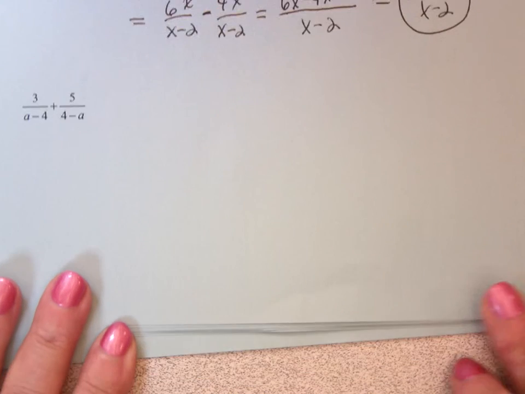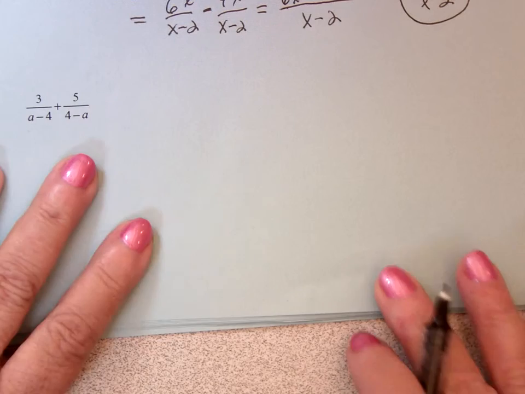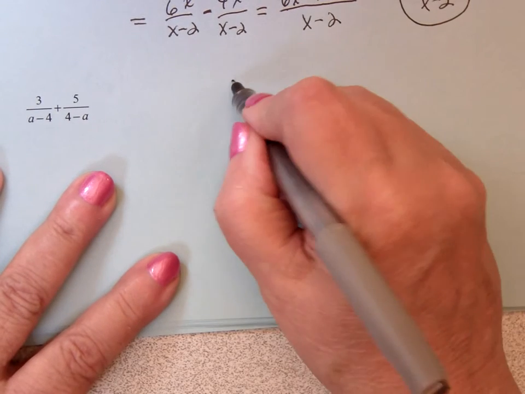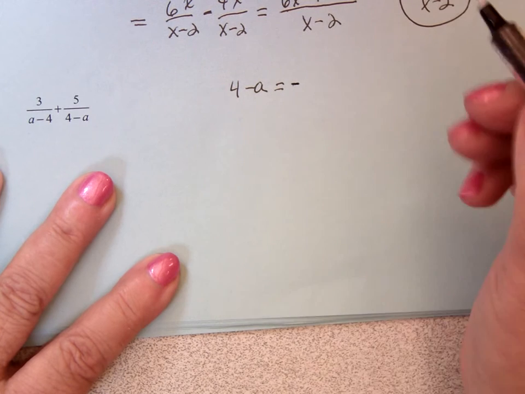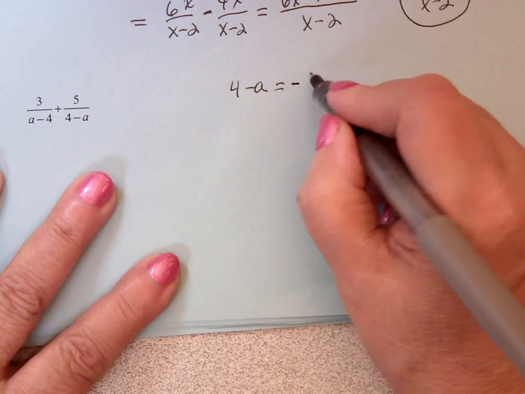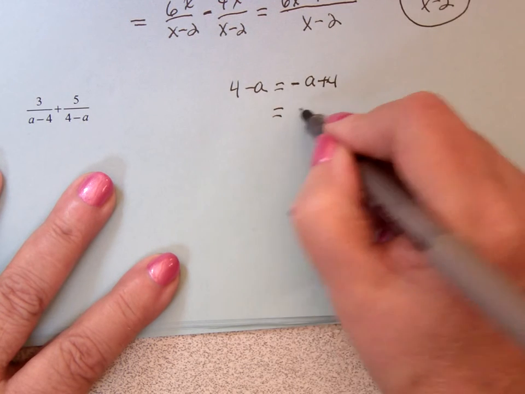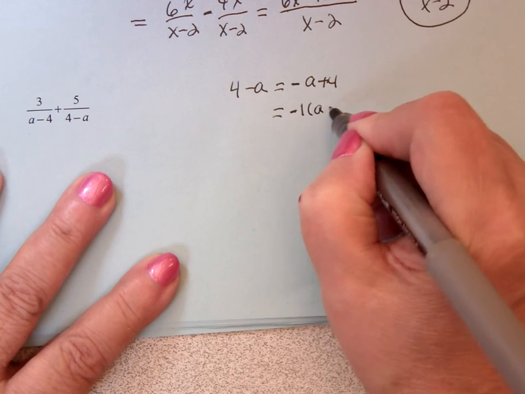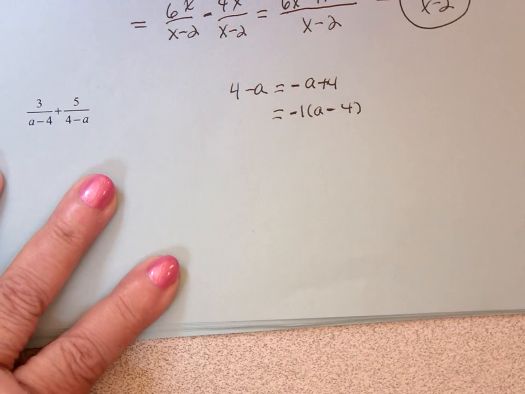Now another way of looking at this particular problem is to also realize that 4 minus a, minus a plus 4, if I factor out the minus 1, becomes a minus 4, which is like the other denominator.